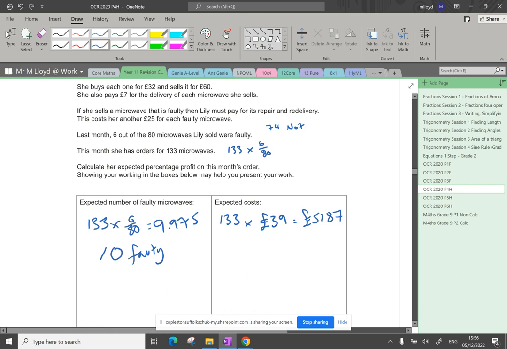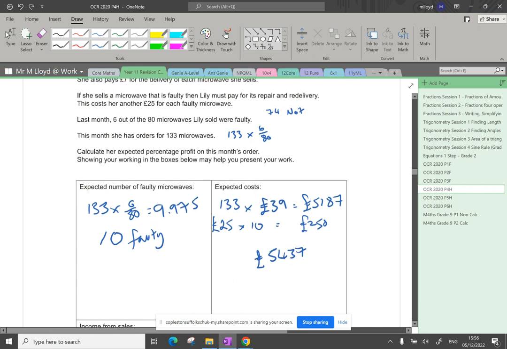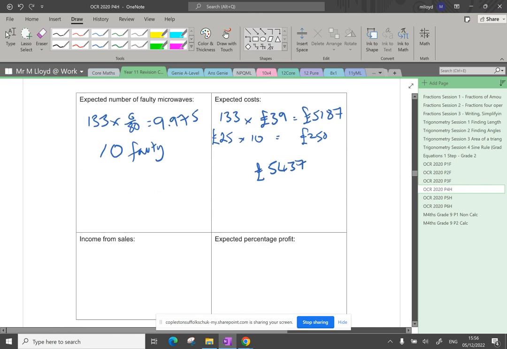So if she sells a microwave that is faulty, she must pay for its repair and redelivery. This costs her £25. So £25 times by those 10. That is £250. So add that together, 5,187 added on, that's £5,437 of costs.